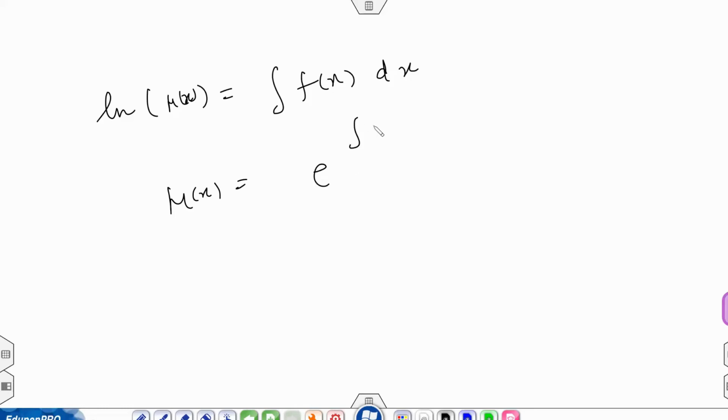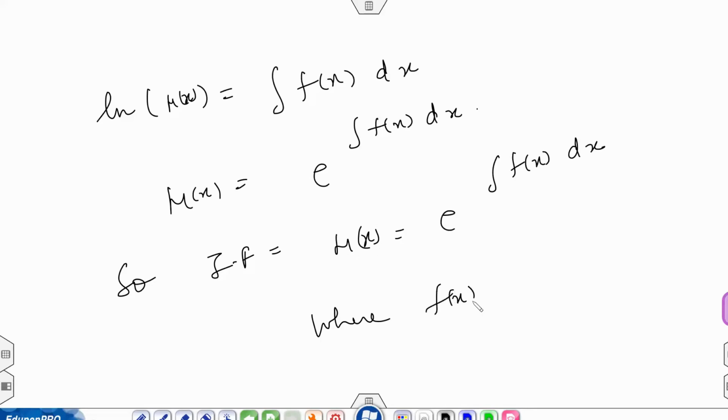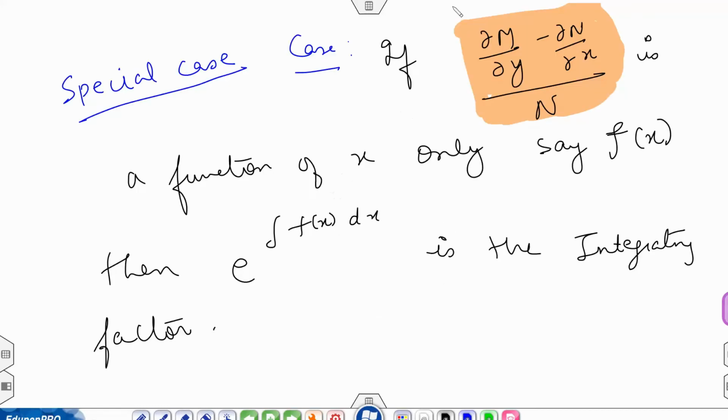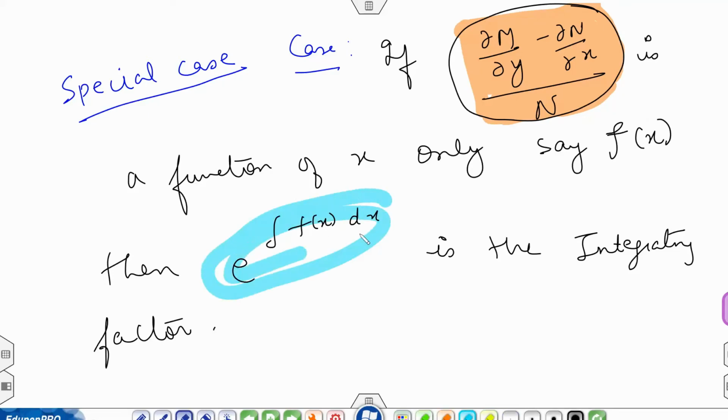E to the power. So our integrating factor will be equal to mu x, which has this form. Now where f of x is equal to, so we have already discussed that if this is a function of x only, then this one is our integrating factor where f x is given by this, right?